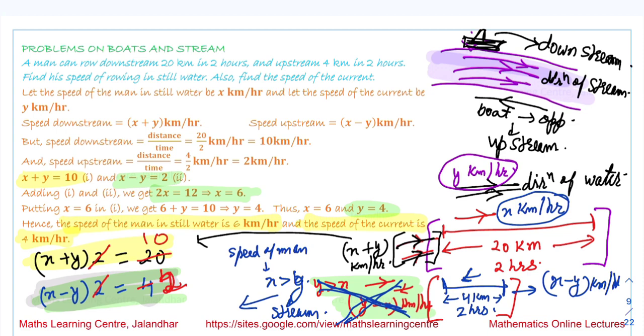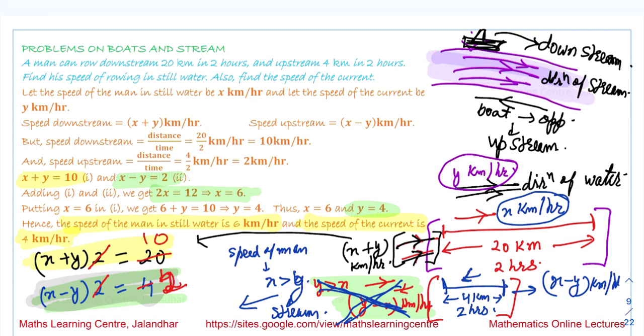Now next, a boat goes 16 km upstream. Suppose the direction of the stream we are considering is this direction. We have fixed the direction of the stream and it is moving in this direction, and a boat moves 16 kilometers upstream.